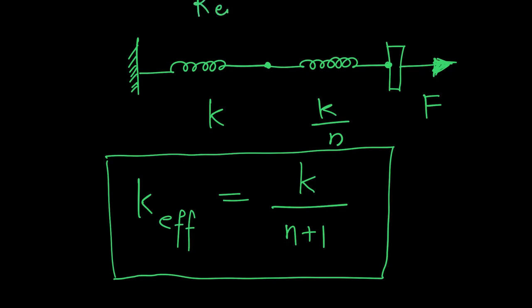Two remarks, this will be useful when you do problems. Let's say you have two springs in series arrangement, and the stiffness of one particular spring is K and the stiffness of the second spring is K by N, then the effective stiffness will be K by N plus 1.